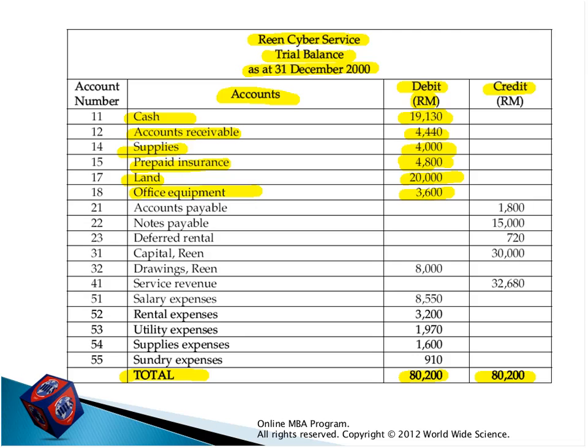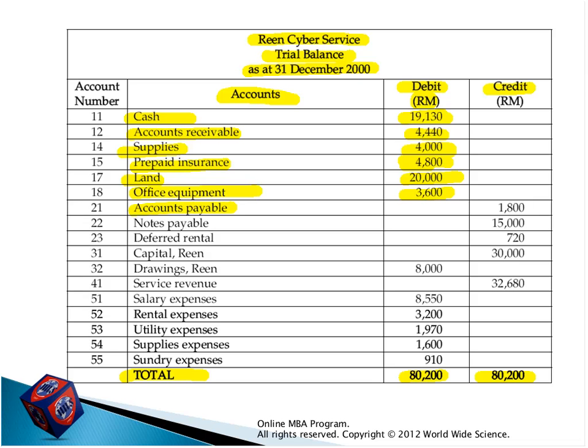Next one comes with the liabilities and capital. Like accounts payable, that means we must pay someone. We have to pay money, but we haven't paid, and that means we have some liability in front of the suppliers or customers.